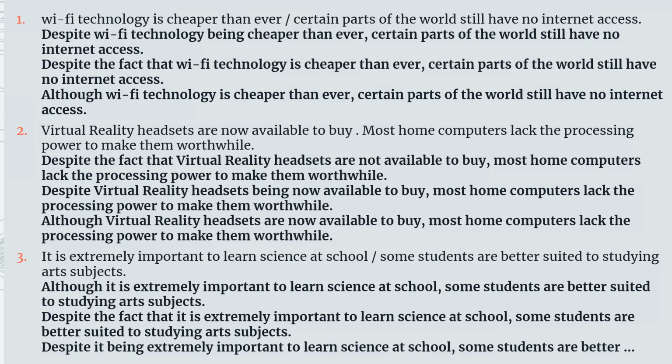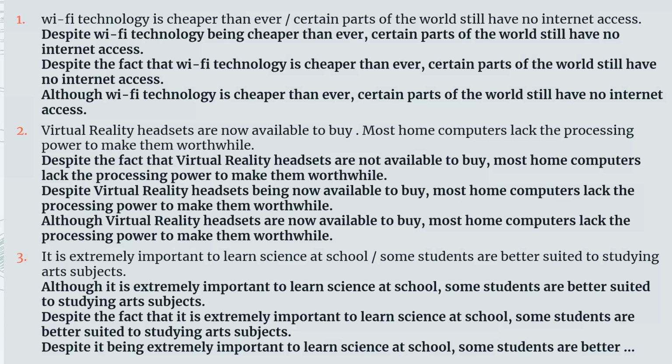It's a must. You have to use the comma, okay? Certain parts of the world still have no internet access. Or I could say, despite the fact that Wi-Fi technology is cheaper than ever, certain parts of the world still have no internet access. I could use although. Although Wi-Fi technology is cheaper than ever, comma, certain parts of the world still have no internet access.